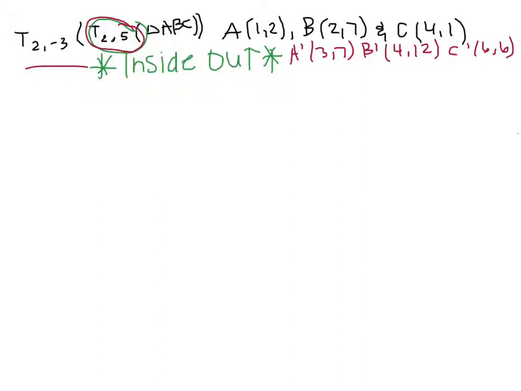The second translation is 2, -3. And instead of translating point A, I'm now moving point A prime. And remember, point A prime, we've got listed up here. A prime is at 3, 7. Let's make that -3 a little smaller.